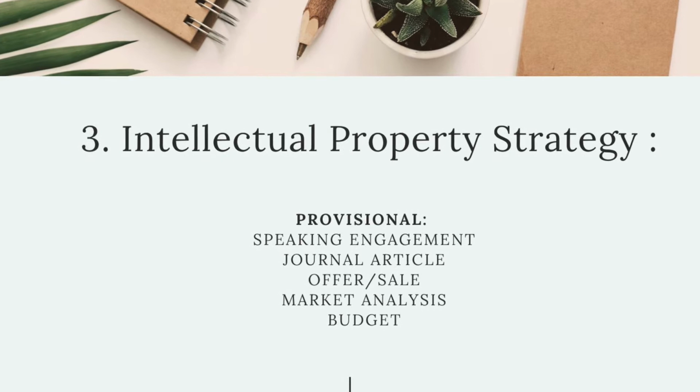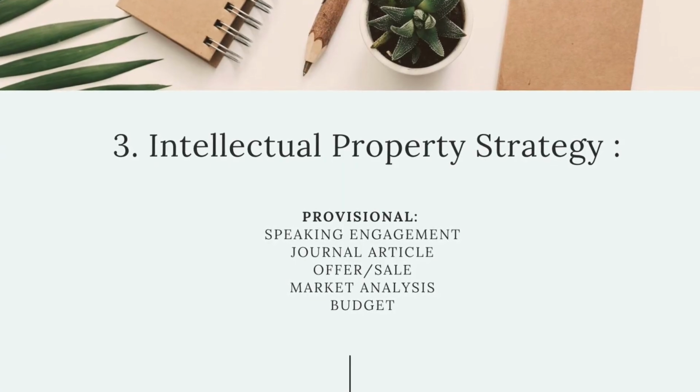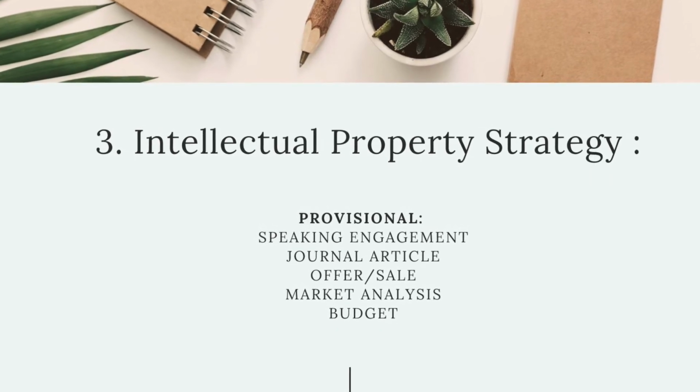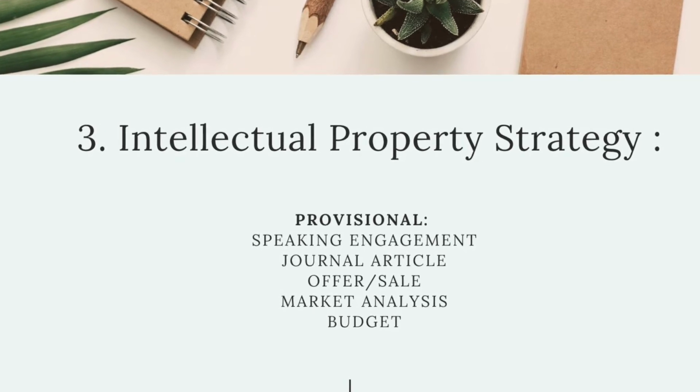Sometimes people file a provisional patent application because, say, they have a technical conference that they want to speak at, some type of speaking engagement, or they want to publish a paper in a technical journal. When you do that kind of thing, before you do that, it's best to file or you're going to lose.